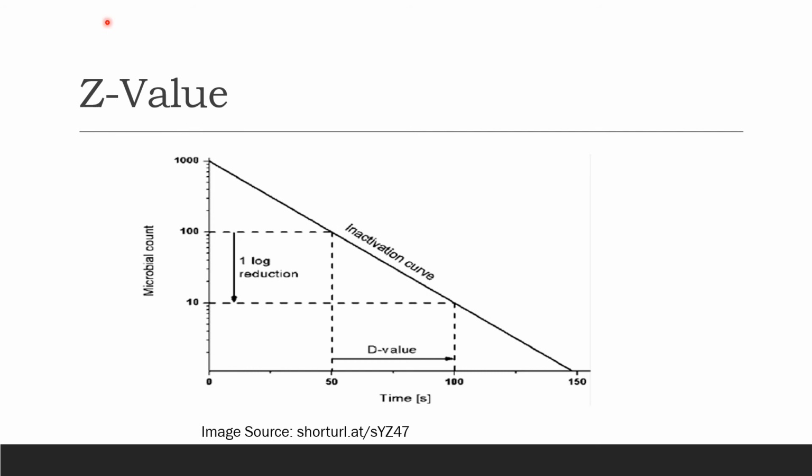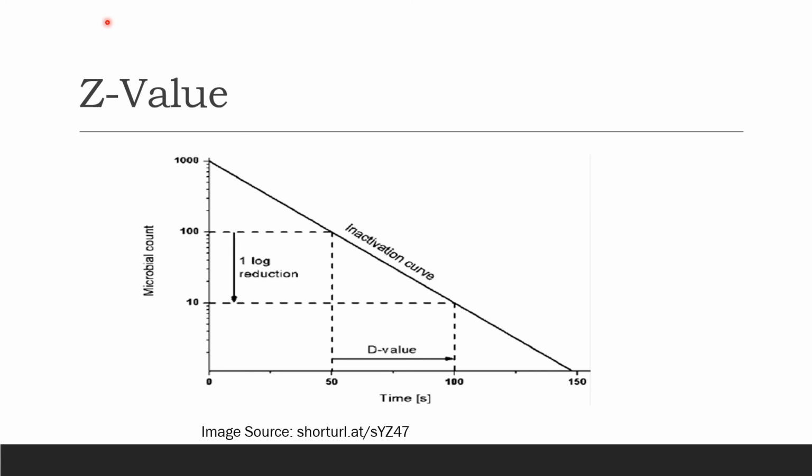For pharmaceutical products, the most frequently applied standard is that after sterilization, the probability of a non-sterile unit is less than 1 in 1 million. So 1 in 1 million, or less, is the ideal value when considering non-sterile units.